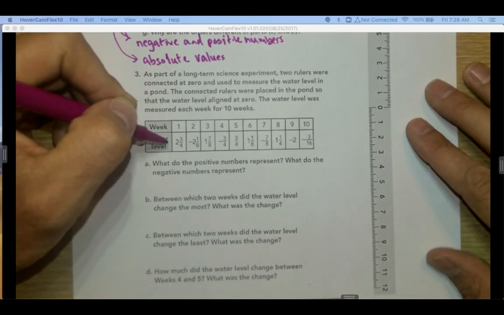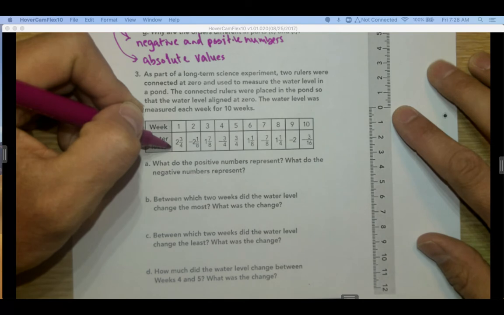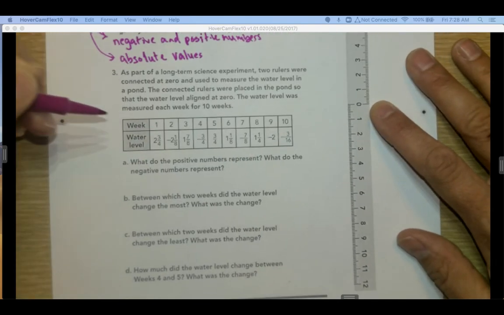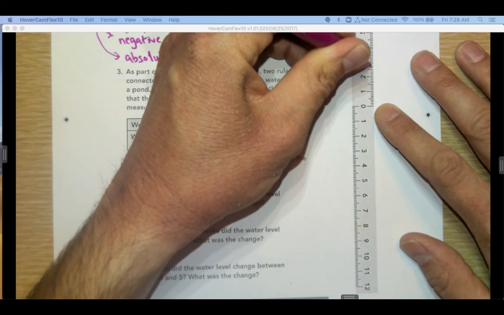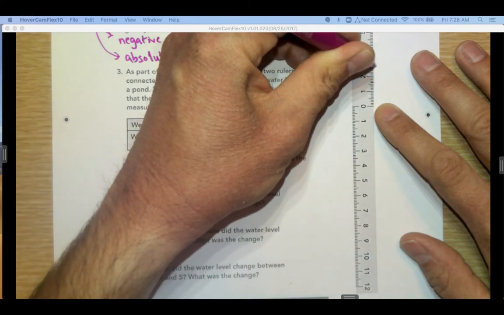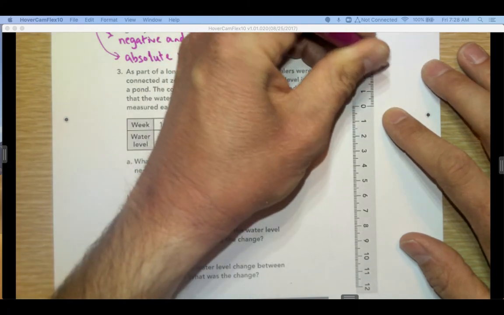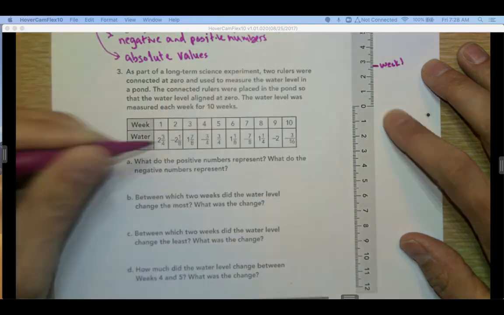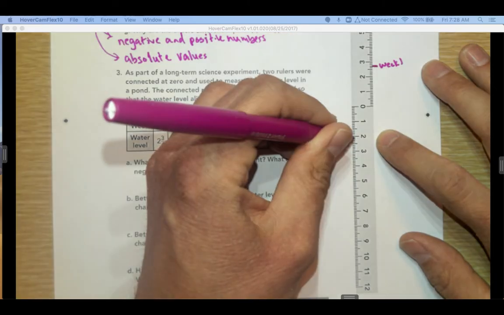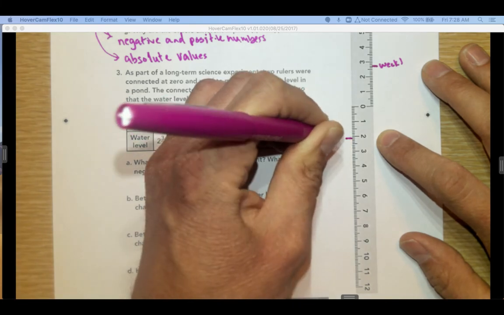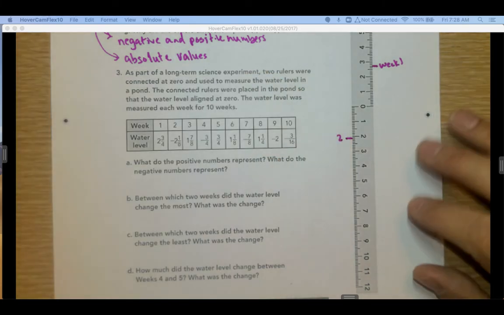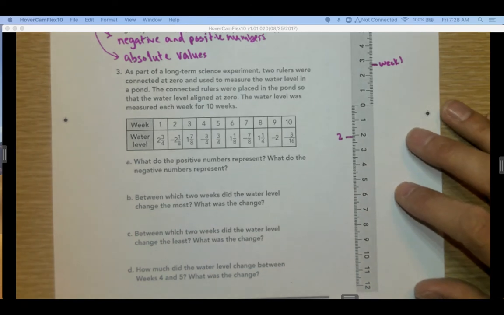At week 1, the water level was at 2 3/4, about here on the rulers. At week 2 it is negative 2 1/8, so it would have been right there. And so that's where the water would be.